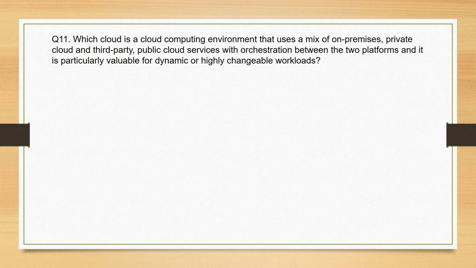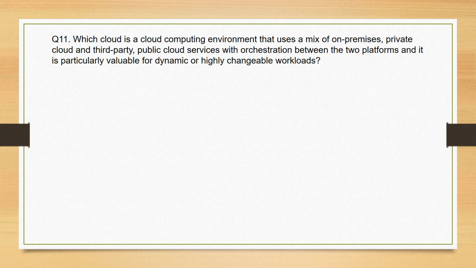So in this question we have, which cloud is a cloud computing environment that uses a mix of on-premises private cloud and third-party public cloud services, with orchestration between the two platforms, and it is particularly valuable for dynamic and highly changeable workloads.